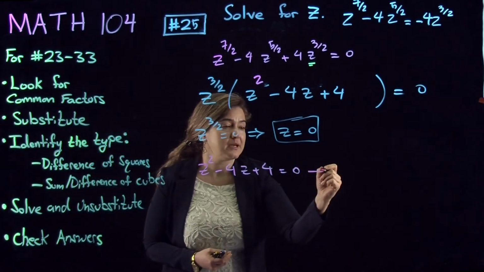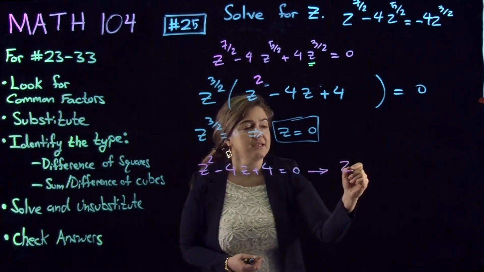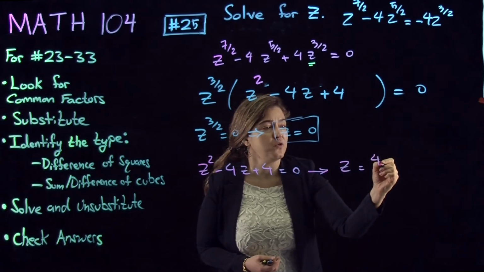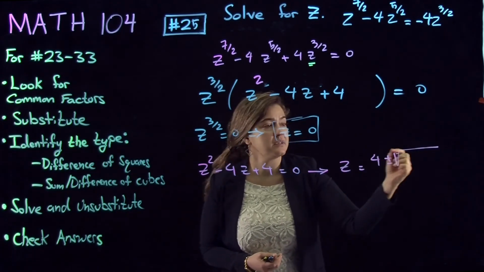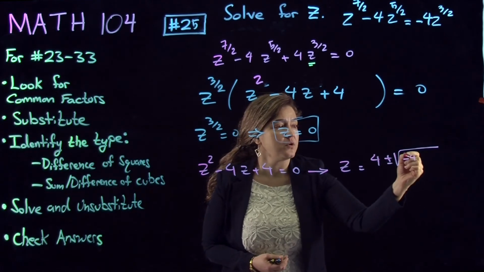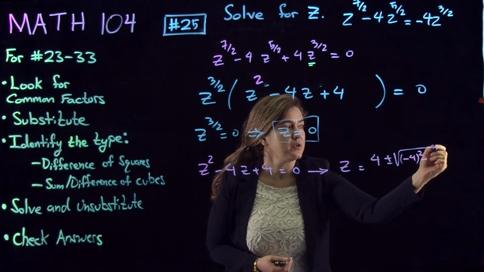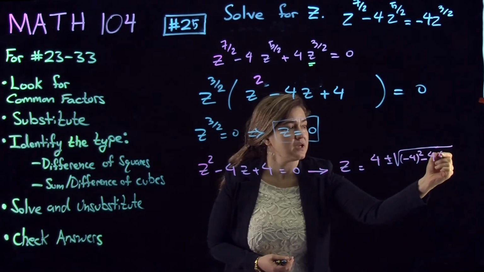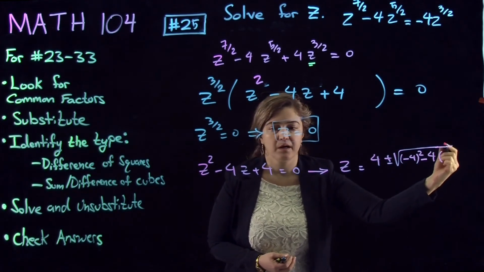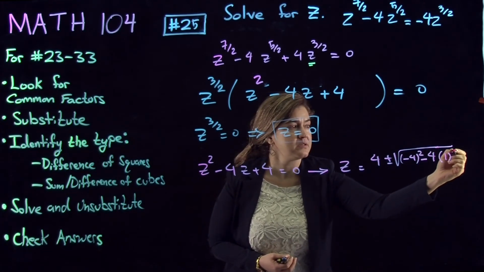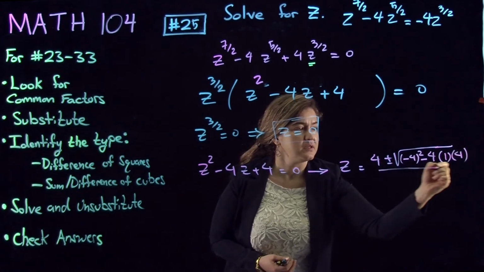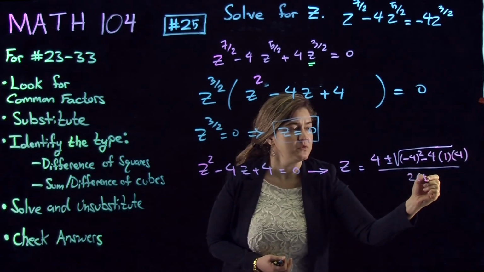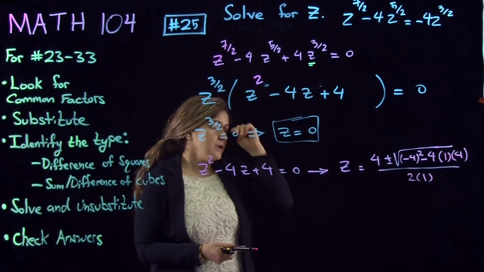But I use the quadratic formula. So I get z is equal to 4 plus minus the square root of negative 4 to power 2 minus 4 times 1 times 4, divided by 2 times 1.